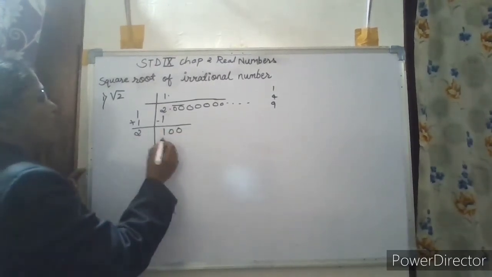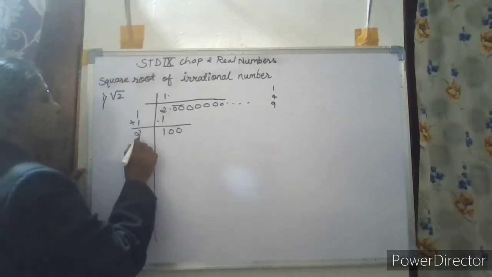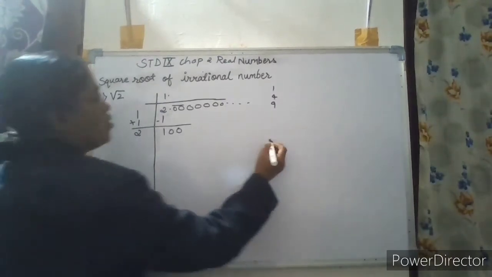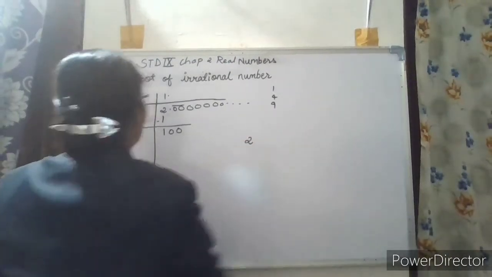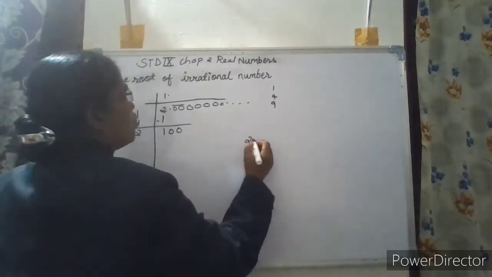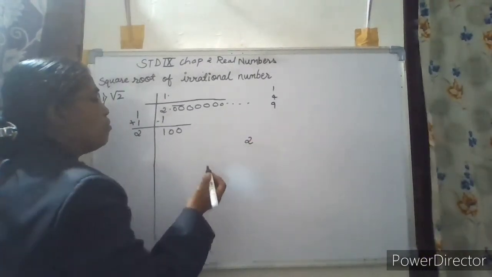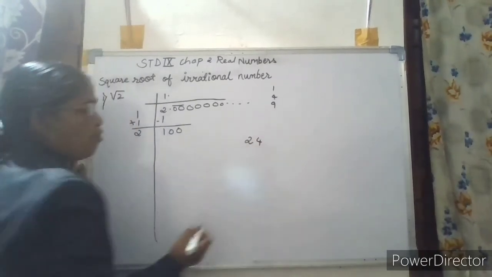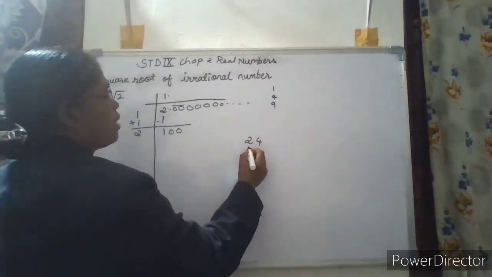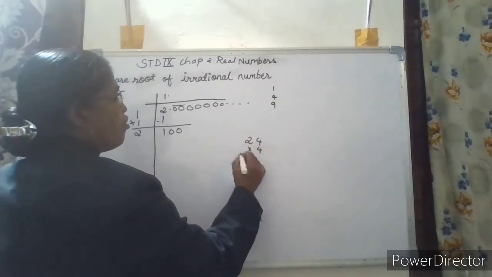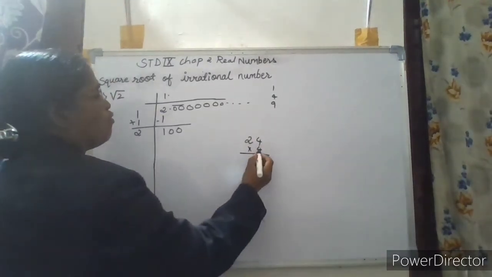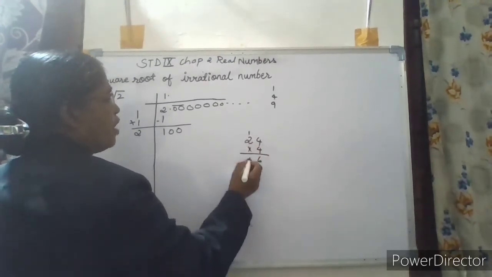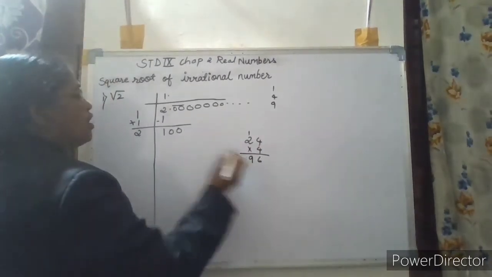Now, we have to take a number again. This 2 you take. Now, you take any number and multiply it with the same number. Like I take 4. You have to multiply it by 4. So, 4 fours are 16, 4 eights are 32, plus 1 is 33, 96.